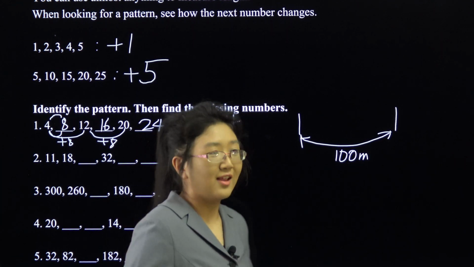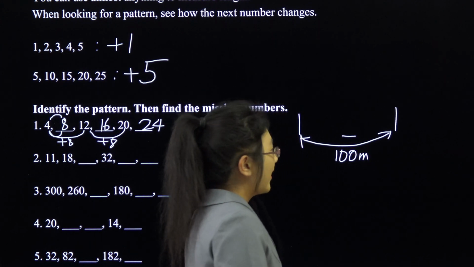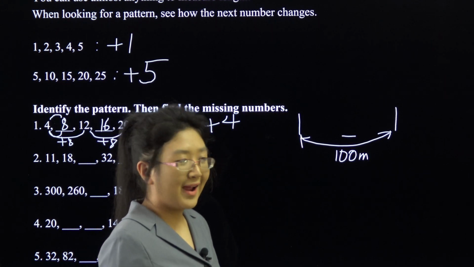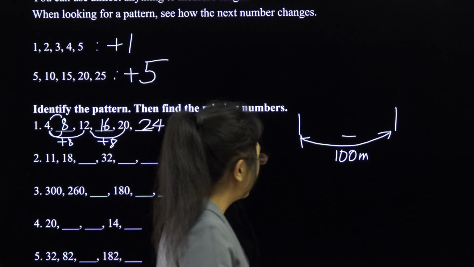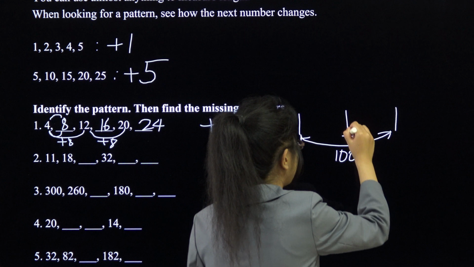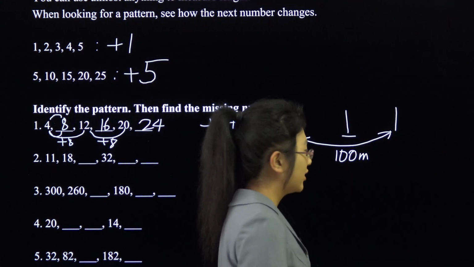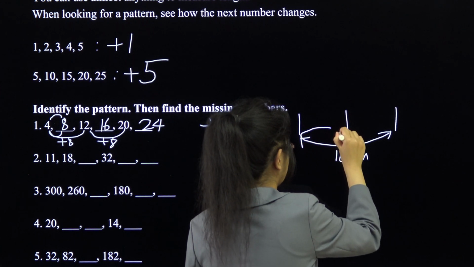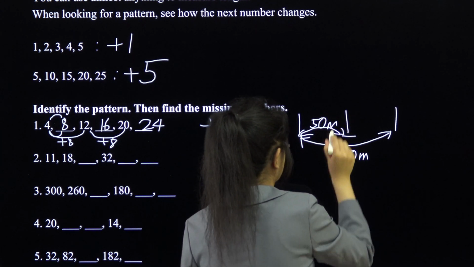But then they decided, let's add another post in. So where's the missing post? Since the patterns we're learning right now increase or decrease by a set amount each term, they're going to have to put it in the middle. So we're going to have the 100 meters, which then becomes 50 meters. So that was the logic behind this.